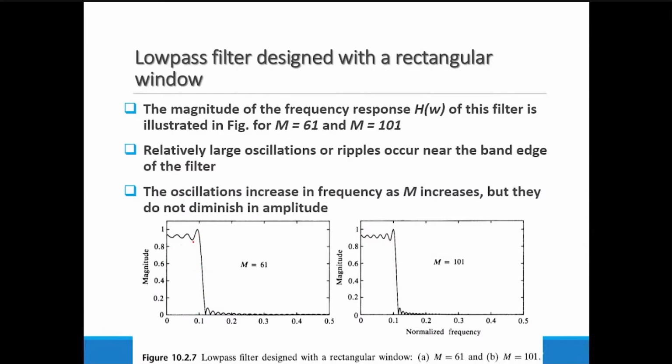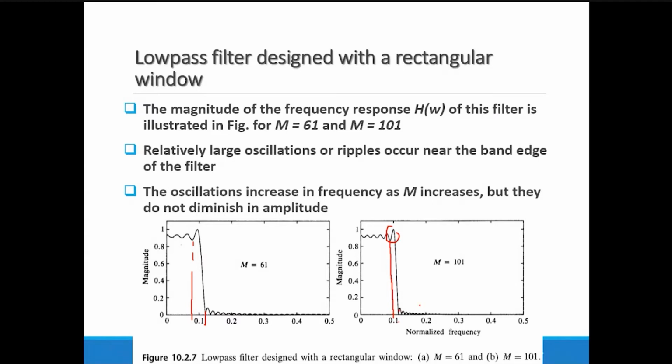If I draw like this, here you have the pass band and here the stop band. So in this transition band, when you are taking M equal to 101, what happens? There is a sharp fall, or an abrupt change from the pass band to the stop band. So compared to this, your transition band is very narrow, meaning you are immediately shifting from pass band to stop band.